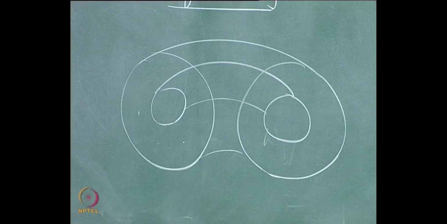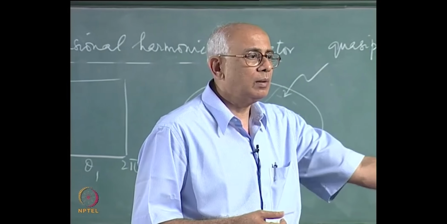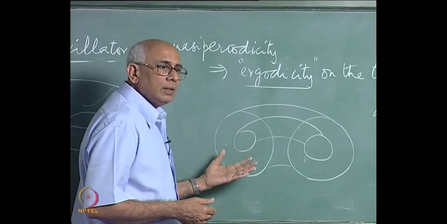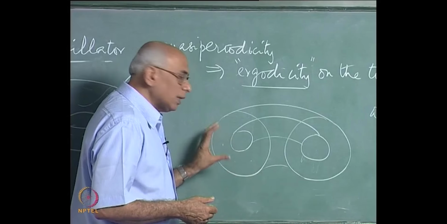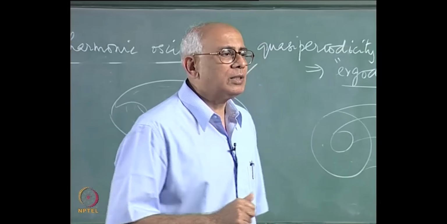As you jack up the strength of this perturbation and make it go further and further away from an integrable system, in other words certain symmetries are destroyed more and more, then successive tori go on getting destroyed and still certain tori persist on which the frequency ratio is quote unquote extremely irrational.